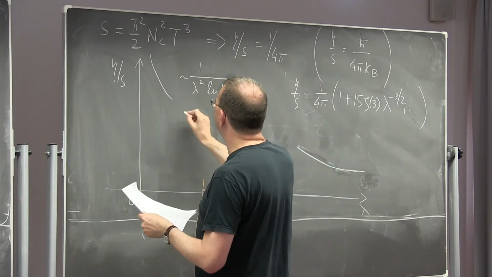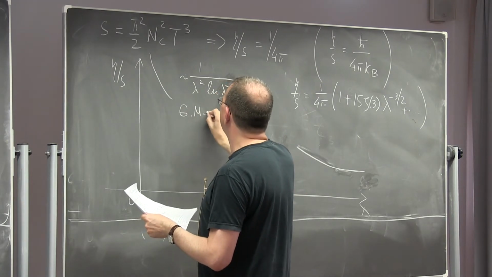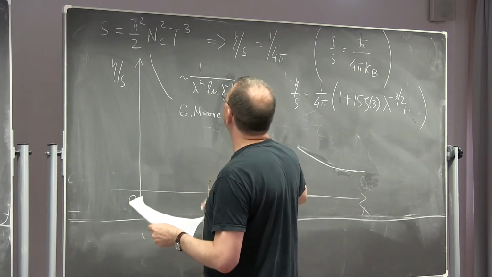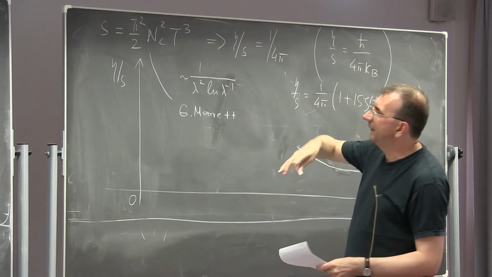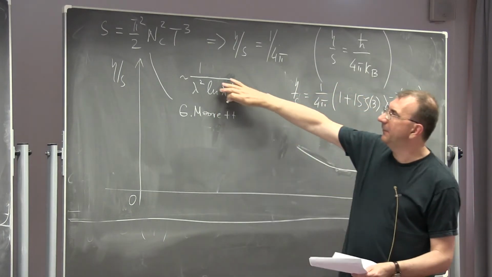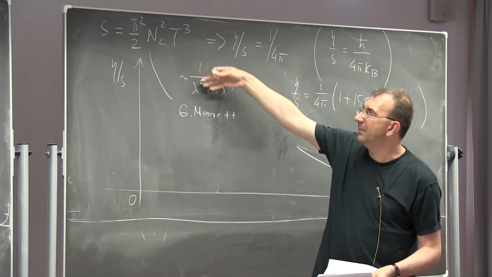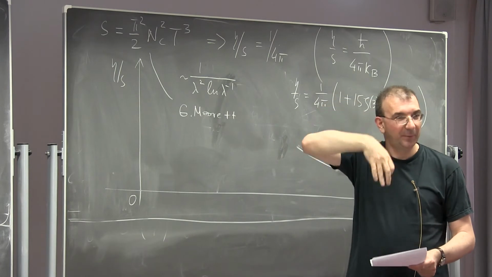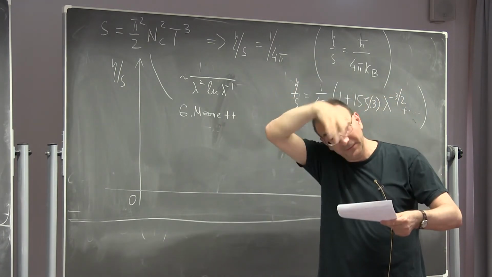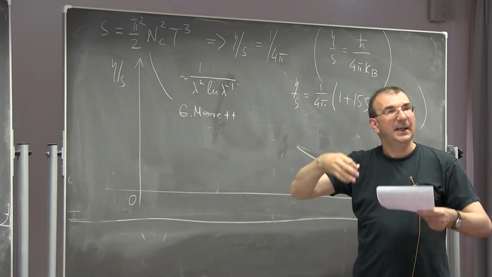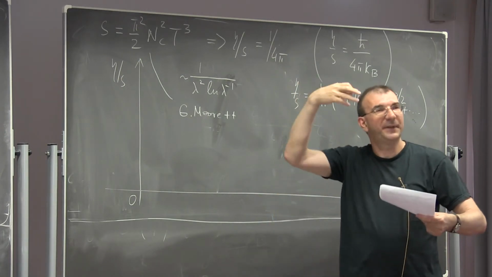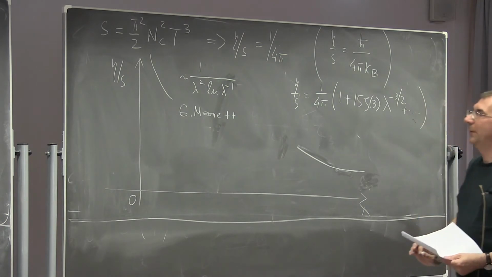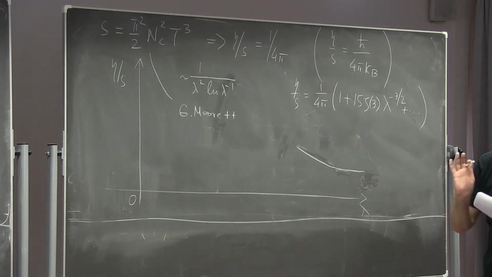And this was computed in a paper by Guy and collaborators around, I think, 2006, if I'm not mistaken. But as Guy explained today, apart from this log, this is basically a Maxwell theory, kinetic theory result. It's because viscosity will be proportional to the mean free path or mean free time. Relativistic theory doesn't matter, and this mean free path is 1 over sigma, and sigma is lambda squared. So it's plausible. This is what we know now.